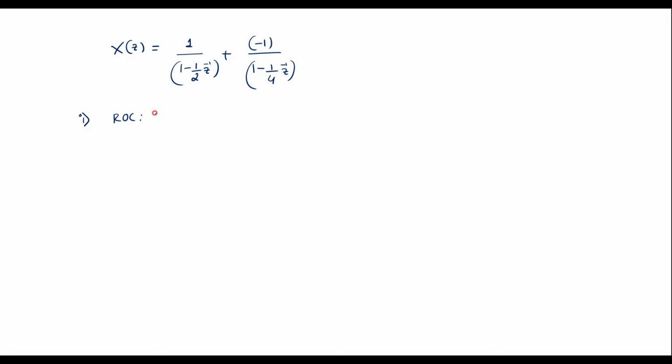The given ROC is |z| greater than 1 by 2, that is, it lies outside the outermost circle.